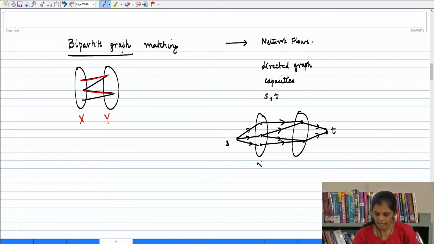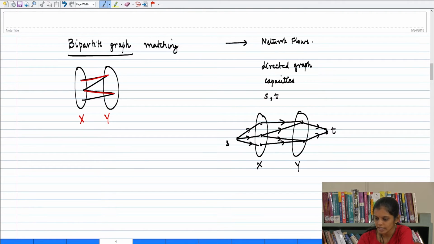So I have completely described the flow network except for the capacities, as I promised. What I have done is, I have taken all the edges in the bipartite graph and directed them from one side to the other. Choose any side, but choose that for once, direct them from one side to the other, and then add two vertices S and T, and from S to every vertex in X you add a directed edge.